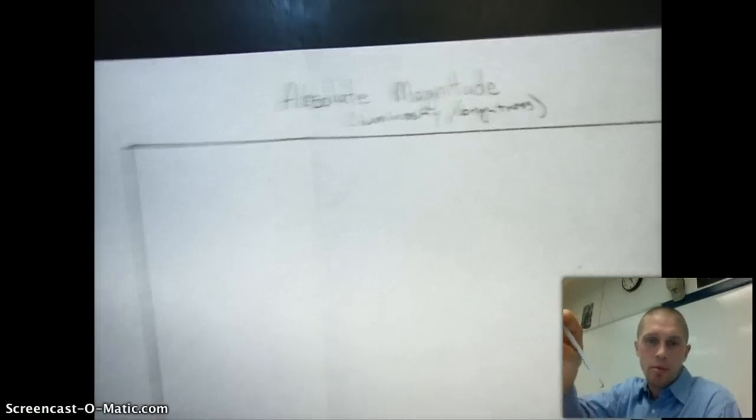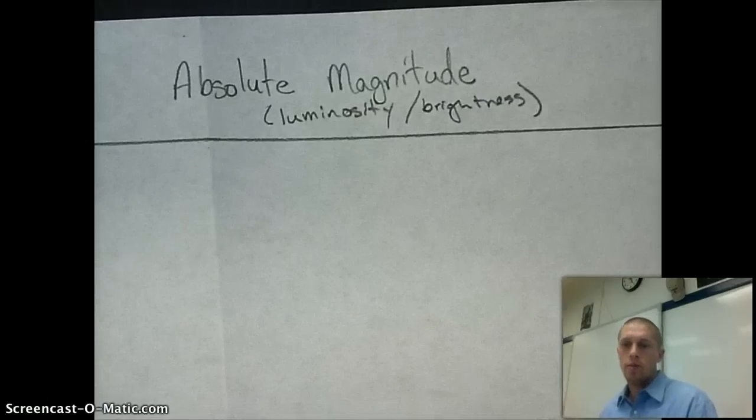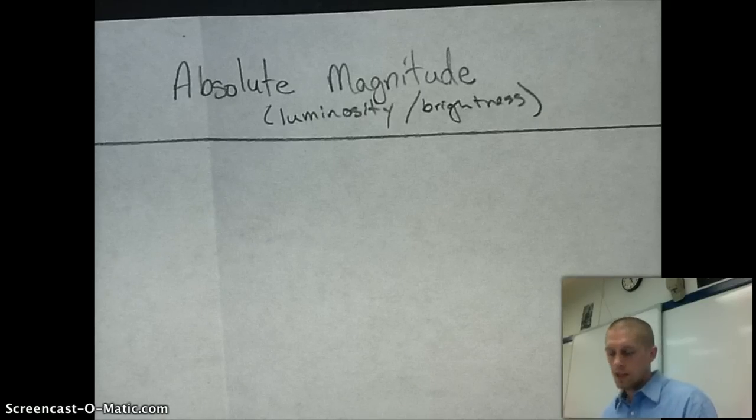Absolute magnitude is if you take all the stars and put them the same distance away and compare them, not based on how close they are, because if a star is really close, it'll appear brighter, just simply because it's close.